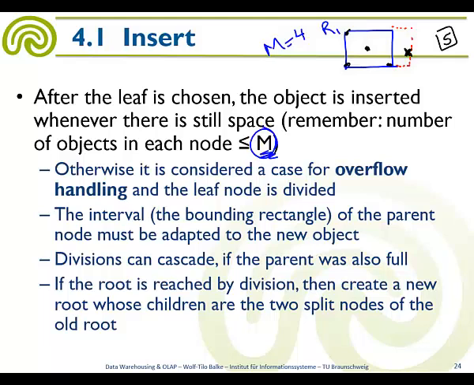And this doesn't work out. So what happens here is overflow handling. You have to handle this overflow. What you do is say, okay, we need to split this cluster into 2 because it cannot contain 5 points. And now the question is, how can you split it? Should you split it like that?